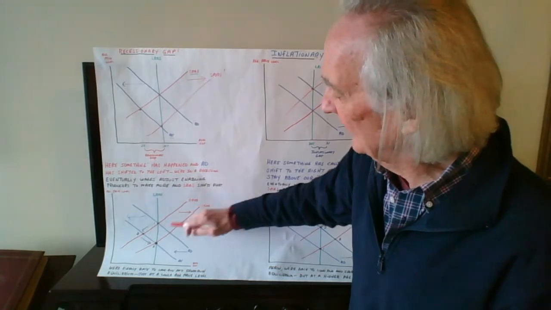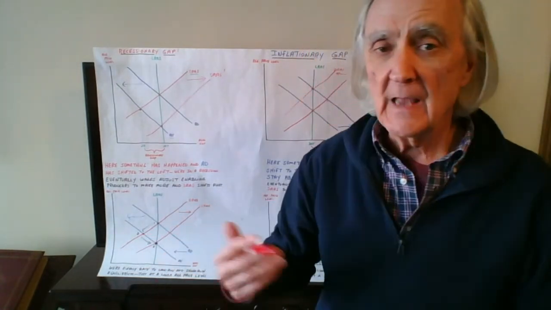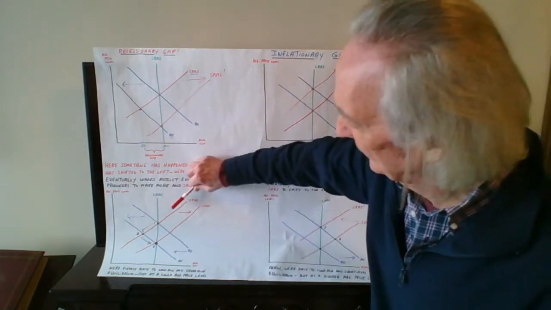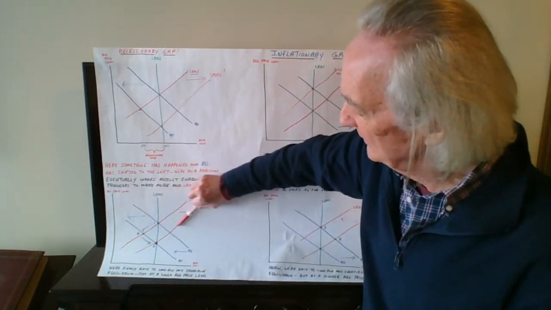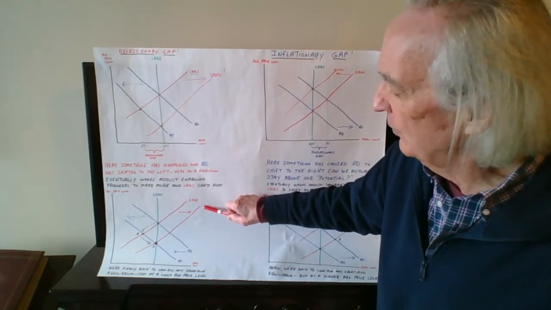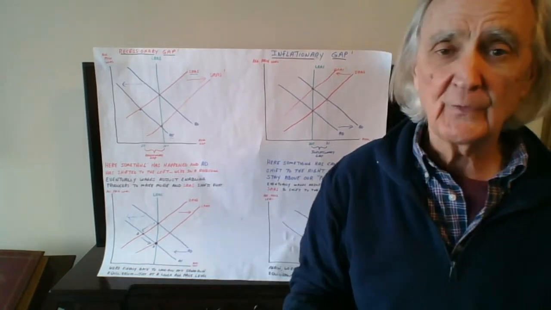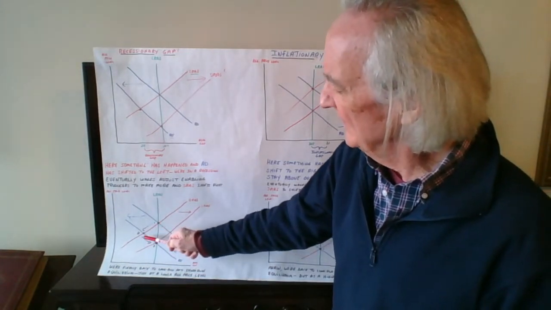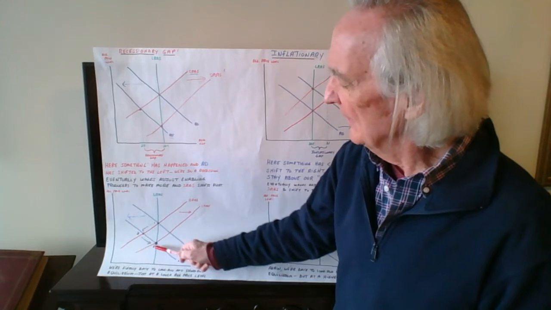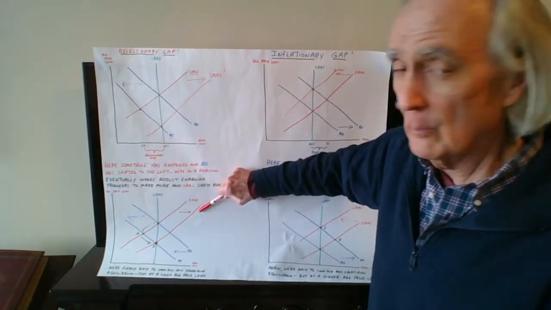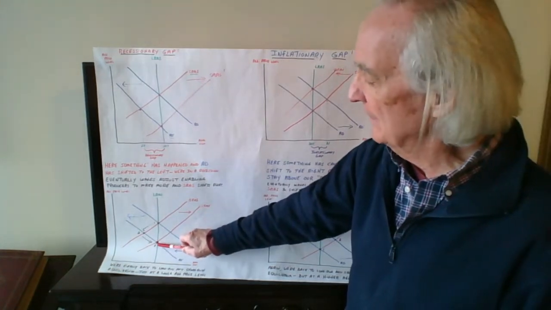Now, short run aggregate supply, which was here, now it can make more. So again, more is a shift to the right. So our short run aggregate supply curve shifts to the right, and it's no longer here, it's at this point. So what we have done basically is we went from this point, number one, to this point, number two, then finally when the wages came down and shifted short run aggregate supply to the right, we ended up here.